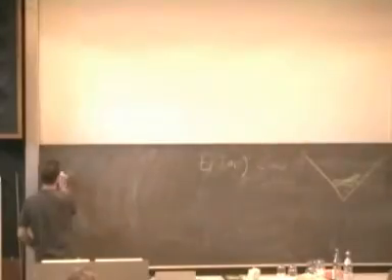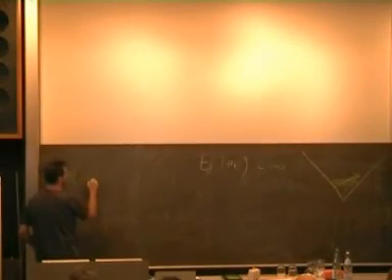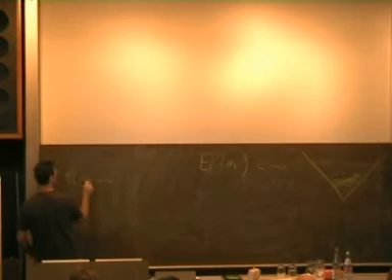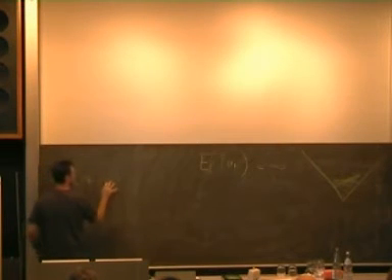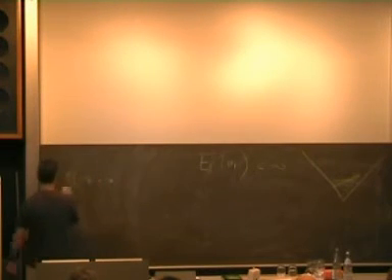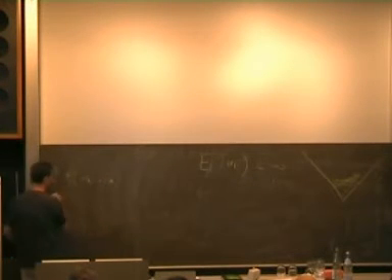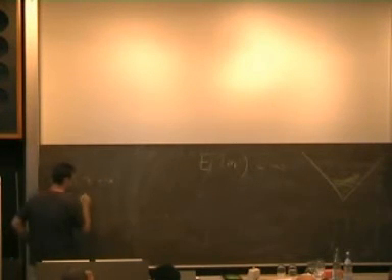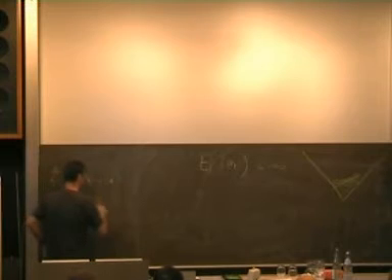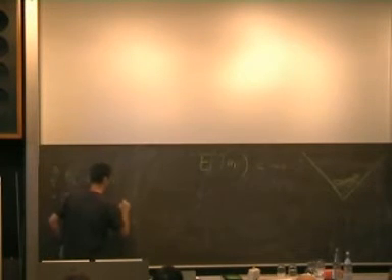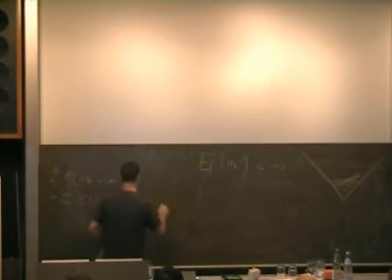You write it as a sum of expectation of ut plus 1 minus ut between 1 and t, plus the expectation of the initial term.